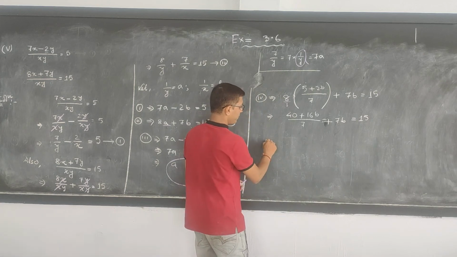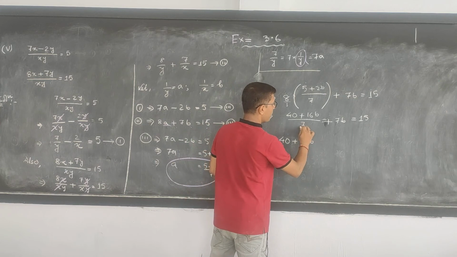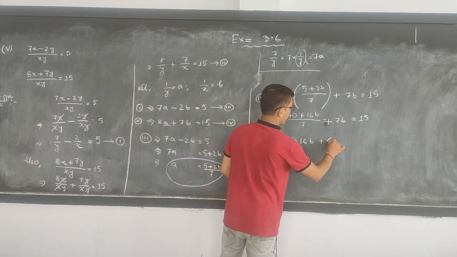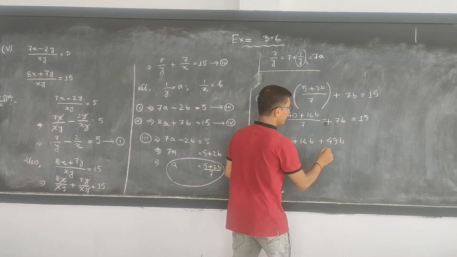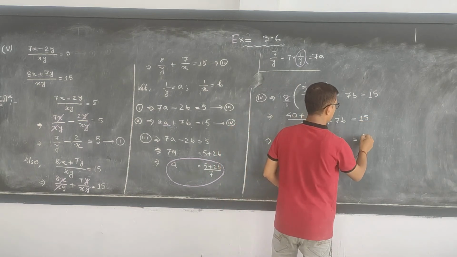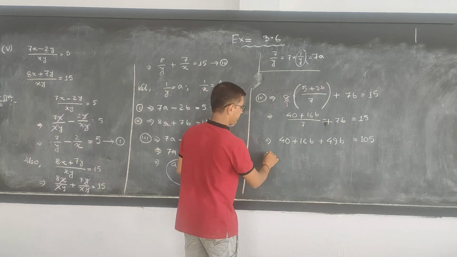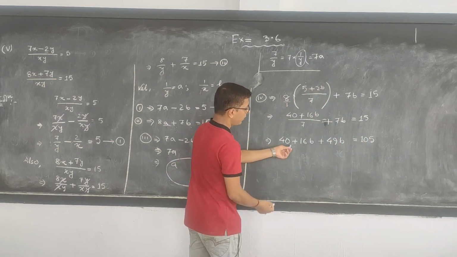So what will it be? 40 plus 16b, 7 times 7b is 49b, and 105. Now this 40 will be shifted to that side.